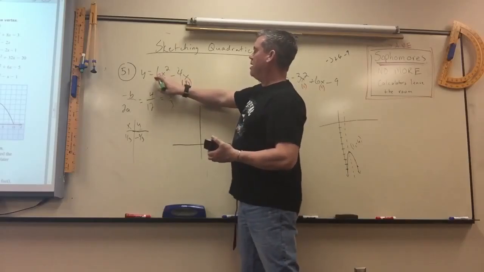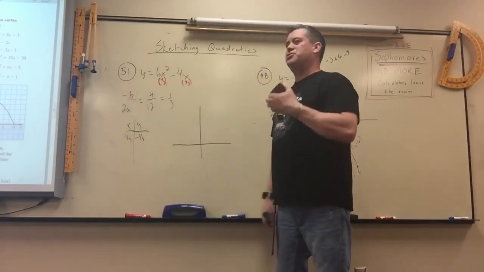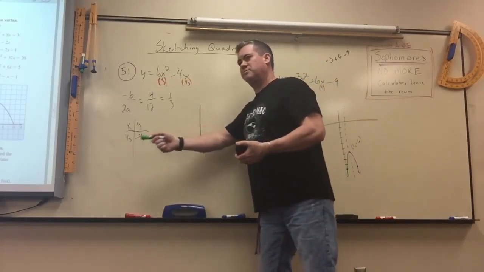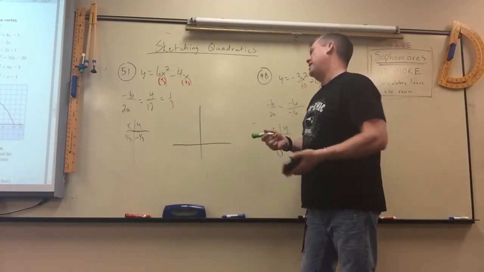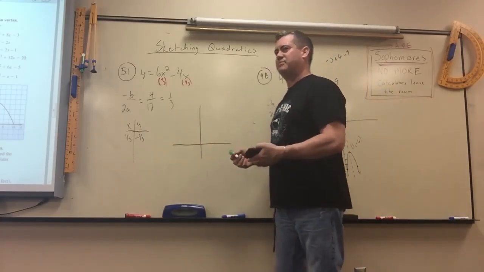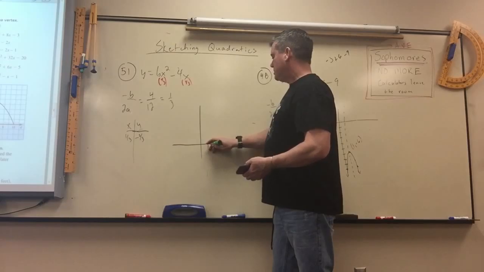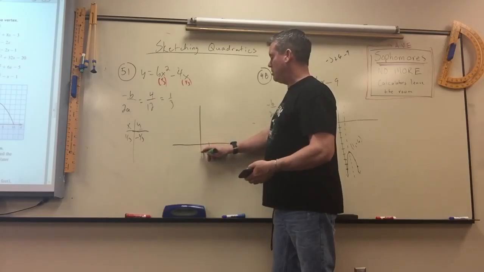This one is gonna open up because it's positive. So since it's thirds, to make it easier, well, it's just a sketch of a graph, so it doesn't matter. 1/3 over, you just estimate. 2/3 down, the estimate would be right about there.